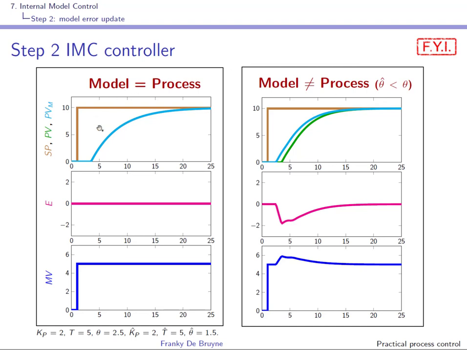And from these curves, what you can learn is that, even if the model is not exact, if the closed loop system is stable, PV will go to set point. From these types of curves, by looking at the model error and by comparing process and model, you can also learn what parameter is wrong.